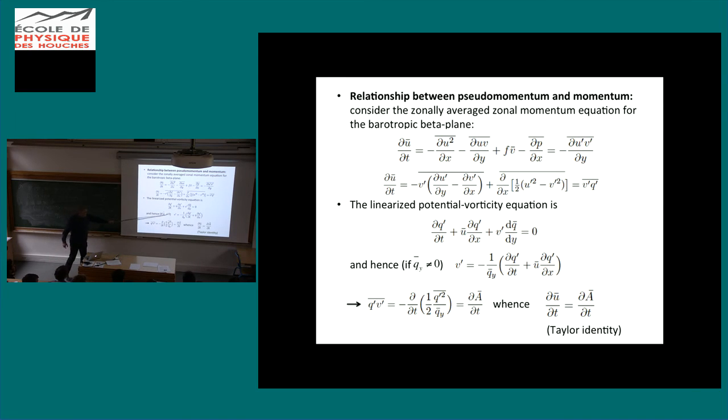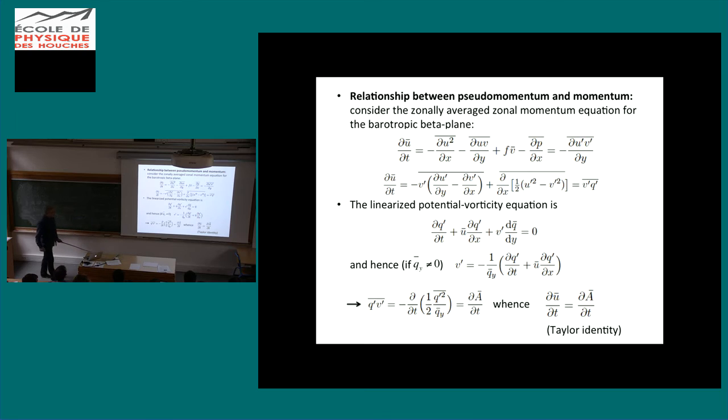As long as the gradient of the zonal mean q is non-zero, of course you can divide, and you get an equation for v prime. You can then multiply that by q prime, and you see that this is just a constant. You can absorb the q prime in here, and you can absorb the q prime in here. The x derivative then goes to 0 when you take the zonal average, and you're left just with the time derivative.